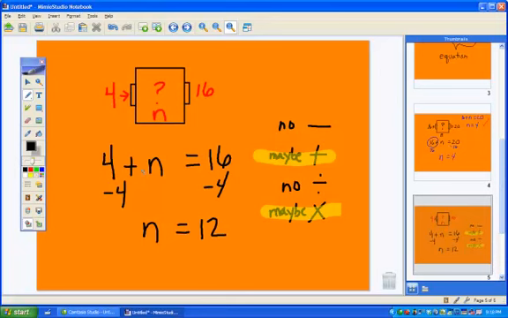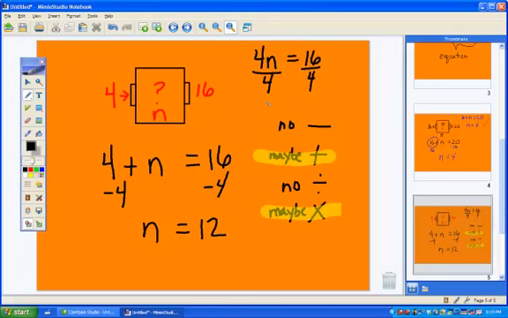So that's with addition. Let's try it with multiplication, because we said it was a maybe. 4n equals 16. Okay? 4 times a number is going to equal 16. Well, here I multiplied, so I'm going to divide by 4. Remember we talked about fractions? Fractions are division problems.